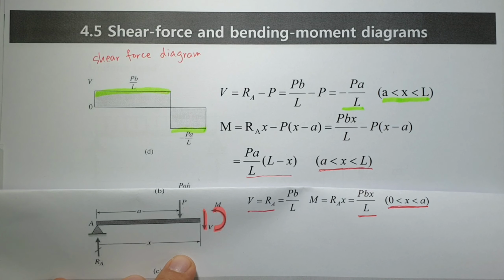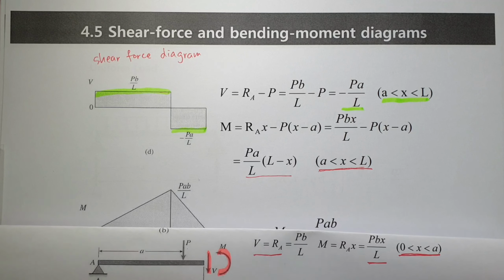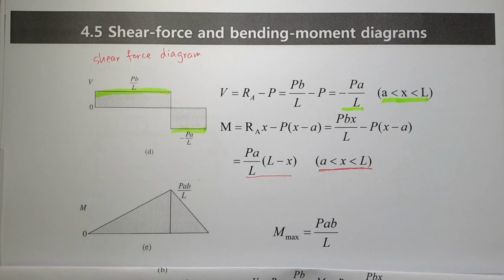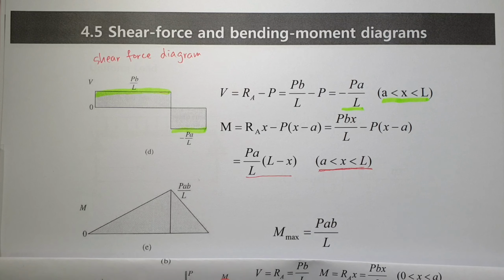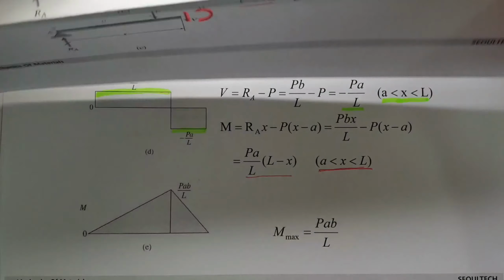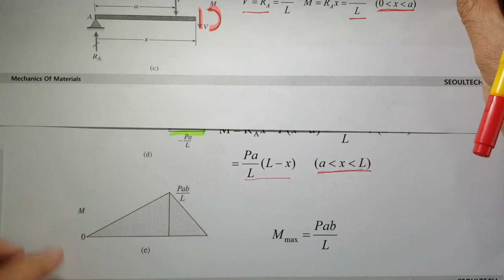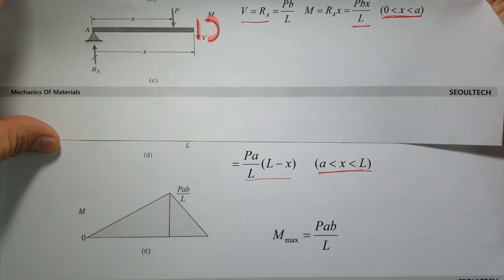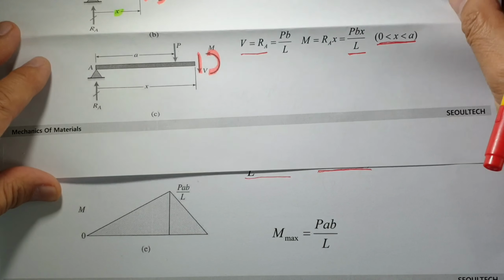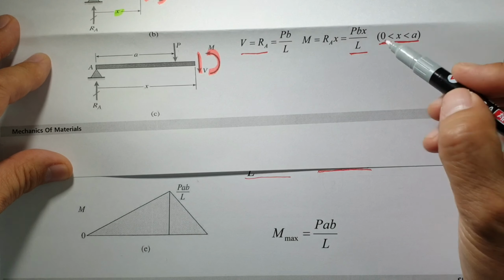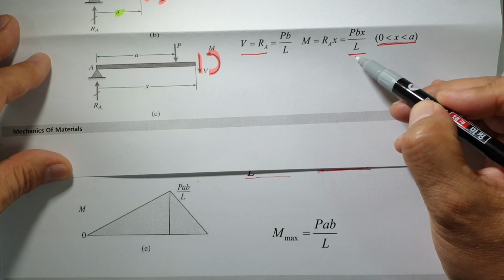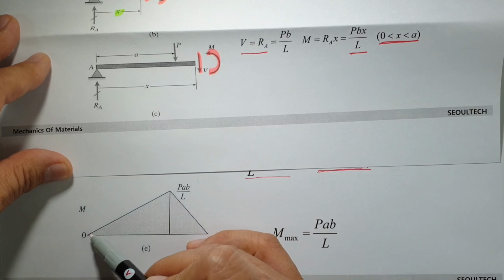Next, we can plot bending moment. When you consider bending moment, on the left side, bending moment is linearly increased like this one.